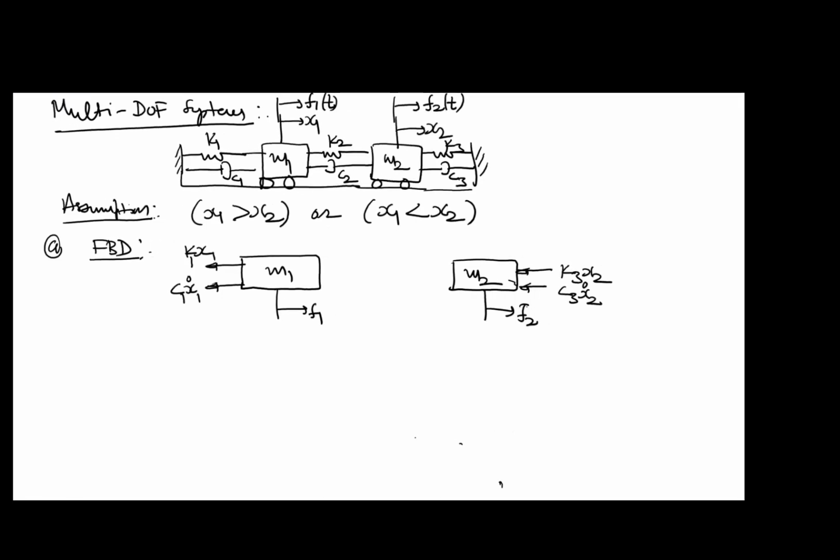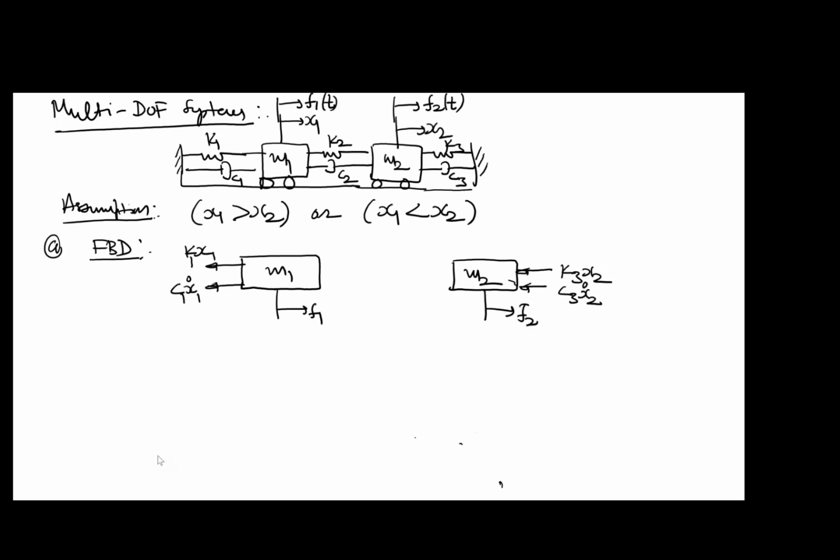So let's take this assumption first: x1 is more than x2. Now you can assume that you have two bodies and both are moving towards the right. What will happen after a period of time? Because x1 is more than x2, both the bodies while moving towards the right will come closer to each other. The distance between the bodies will keep on reducing, which means the spring K2 is under compression.